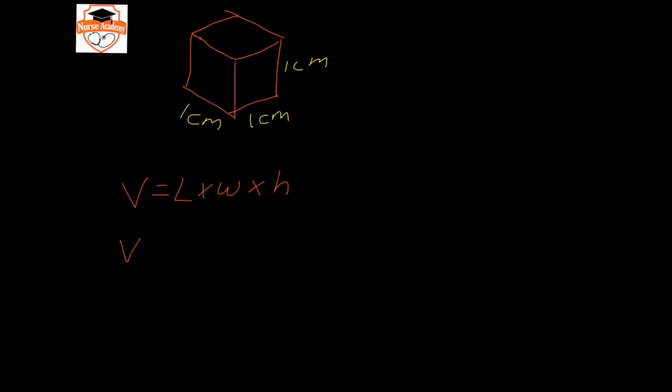And so in the case of this cube, we would have a volume that was 1 centimeter times 1 centimeter times 1 centimeter, which would be 1 centimeter cubed. Because just like when we're dividing, and if we were to divide inches by inches and we get 1, when we multiply centimeters times centimeters times centimeters, we get centimeters cubed. Just like if you multiply 2 times 2 times 2, you get 2 cubed, which is 8.